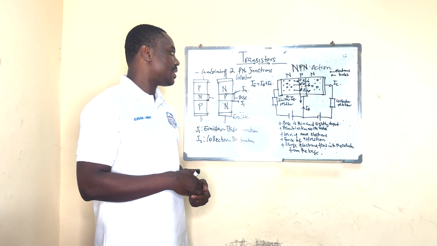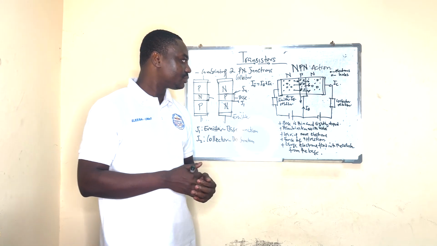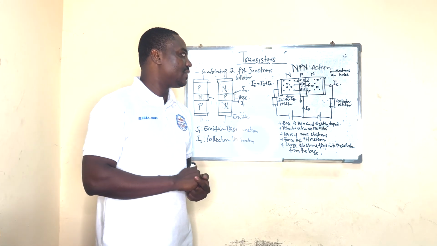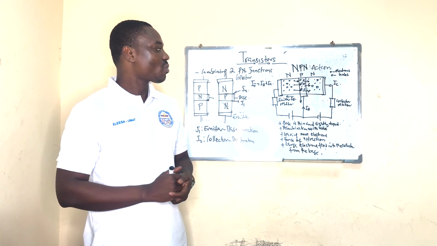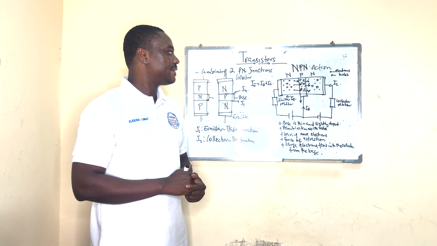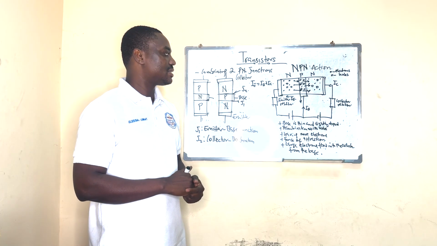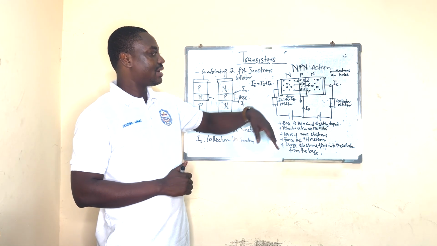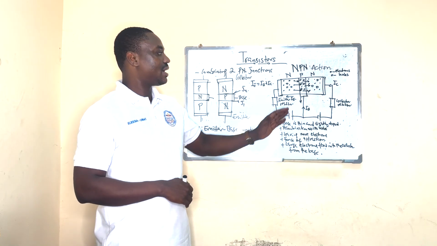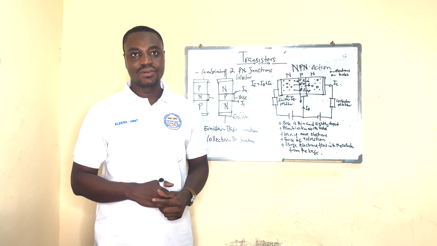First of all, we are given an NPN bipolar junction transistor. You can see that it's going to have three regions: the emitter region, the base region, and then the collector region.